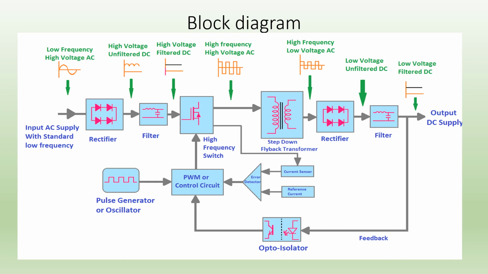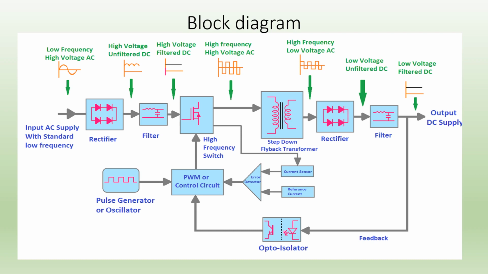So this whole section is called a feedback signal. This regulated output voltage is given to the control circuit, which is the feedback circuit, and the final output is obtained after considering the feedback signal.